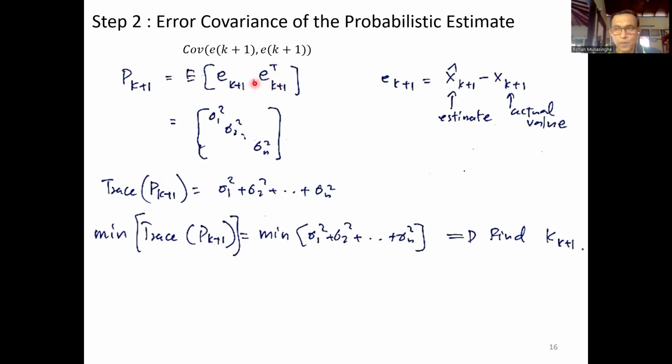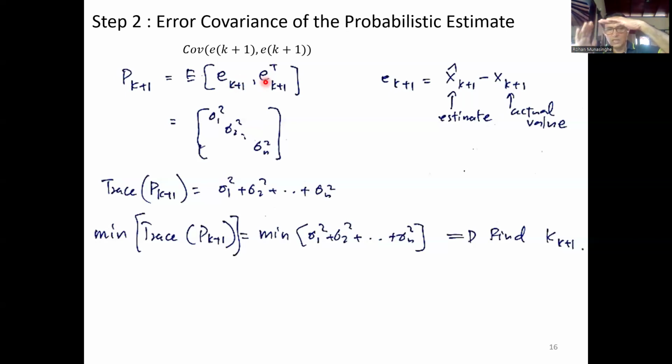The vehicle example I explained to you has only one state, the position. But generally, plants have many states, x1, x2, x3, like that. For each state, the Kalman filter has a predicted value. So state 1, state 2, state 3. So it's a vector. This is a vector equation. There are a number of elements in that vector at the same k plus 1 time. So you put that vector and the transpose of it, like this vector and the column.